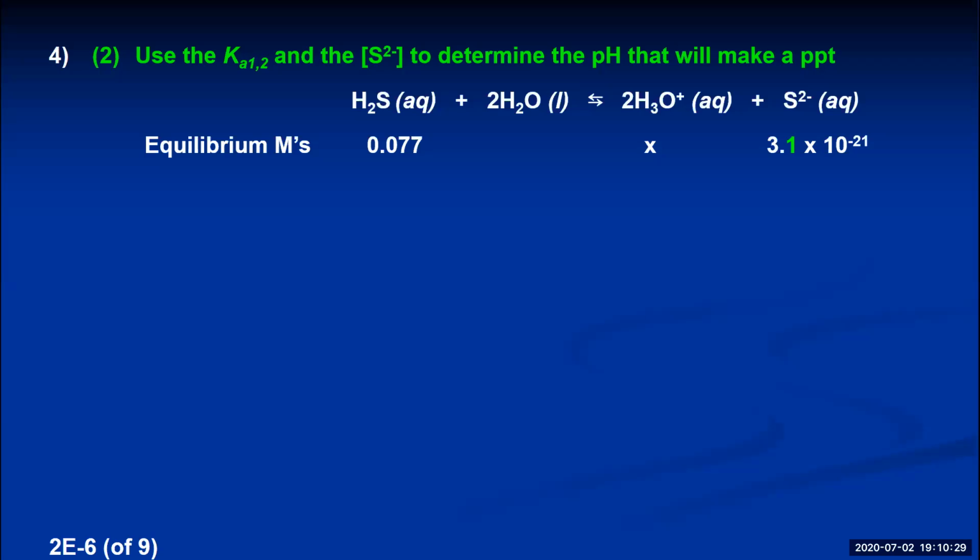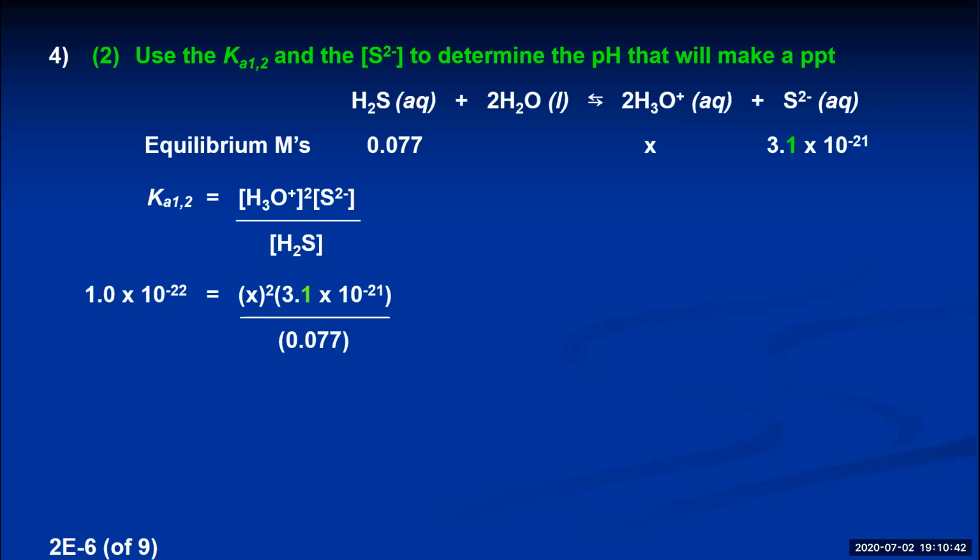These three values are all related to the equilibrium constant expression for the reaction, and this Ka12 value equals the product of the Ka1 and the Ka2 of H2S. That value was 1.0 times 10 to the minus 22nd. So this will equal the hydronium concentration squared multiplied by the sulfide concentration divided by the H2S concentration.